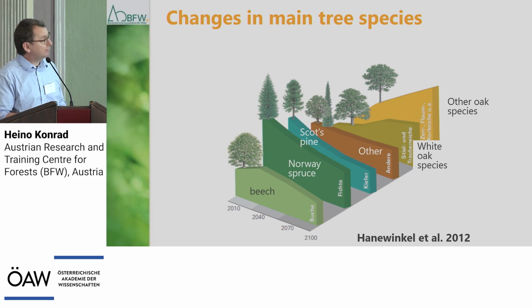The other species may remain more or less stable, but there is a strong increase predicted in the oak species, white oak, but also all the other oak species. They should be the winners of climate change.